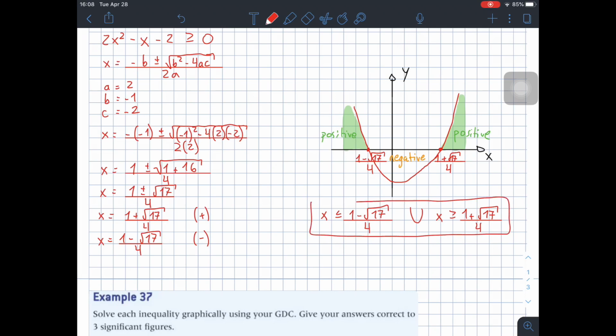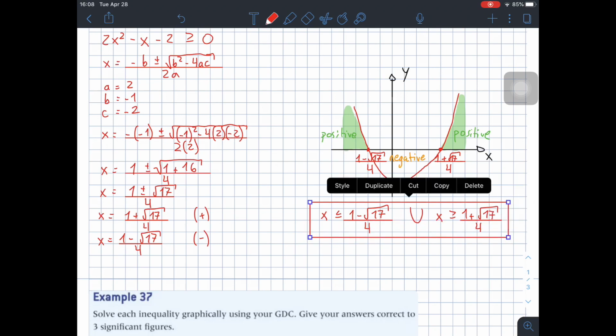X could be either less or equal than 1 minus root 17 over 4, or, this is or, remember, let me write this here, or x could also be greater or equal than 1 plus root 17 over 4, okay? So I hope this is clear enough for you people.